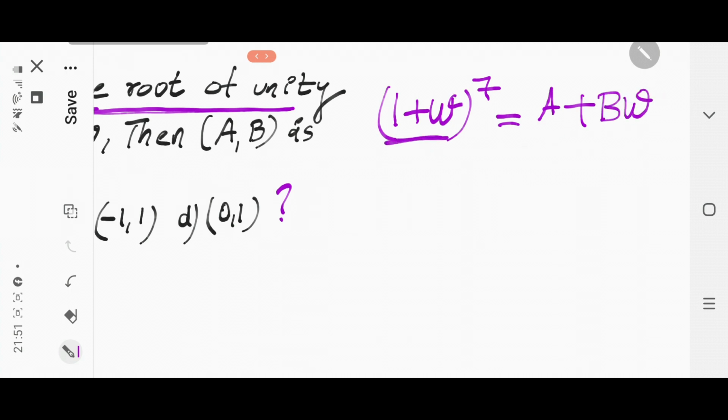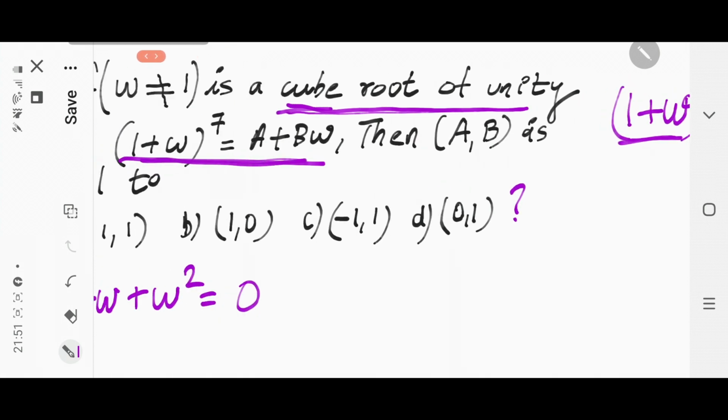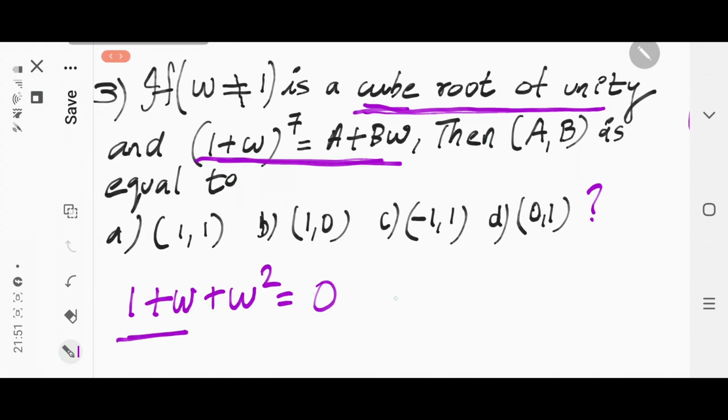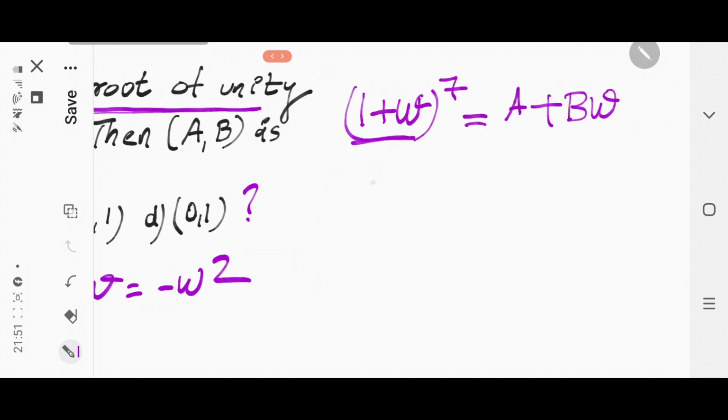Therefore, you have to find 1 plus omega the whole raised to 7. As per this result, you can write 1 plus omega is equal to minus omega square. When omega square goes to the right side, it becomes minus omega square. Therefore, 1 plus omega the whole raised to 7 can be written as minus omega square raised to 7, which is equal to A plus B omega.